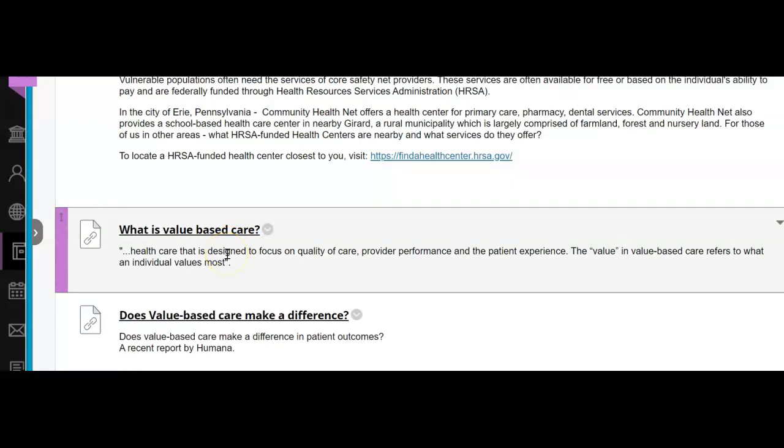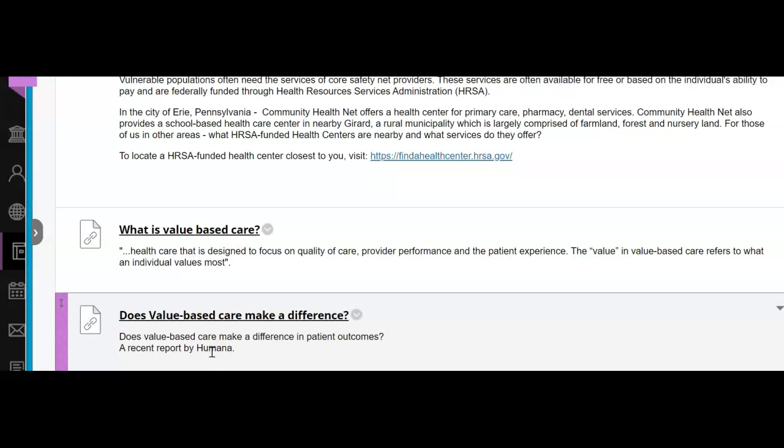And then what is value-based care? What does it really mean? I've included a definition out of this article, but I want you to review this. And then a very recent report, I think just last week or two weeks ago, came from Humana.